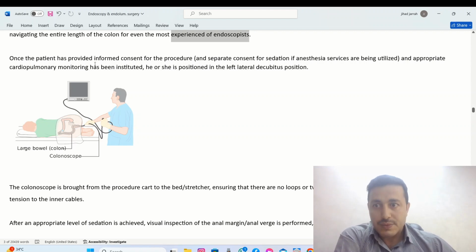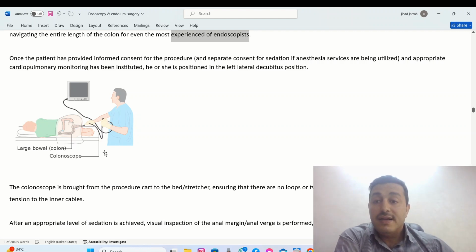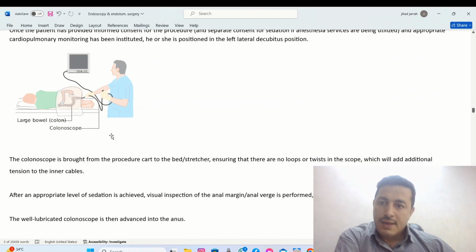Of course, we have to remember that we should put the patient on monitoring. This includes ECG, pulse oximeter, the heart rate, etc. And the patient is best, as you can see in the picture in front of you, put in the left lateral position. Okay.